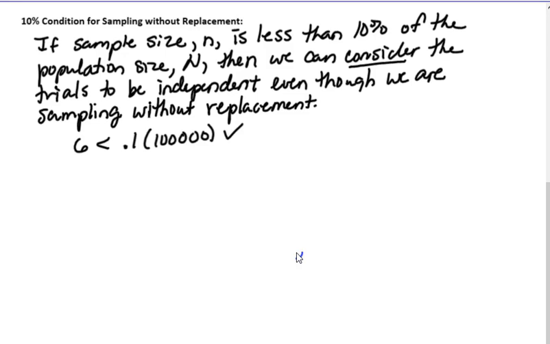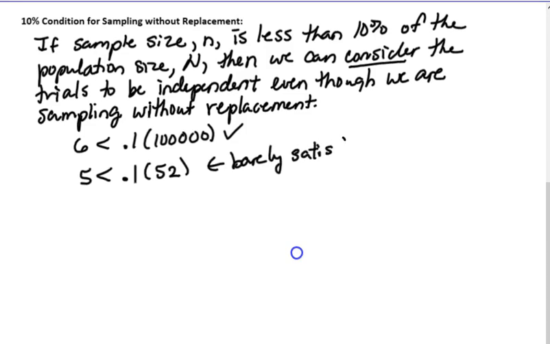So earlier we looked at choosing 5 cards from a deck of 52, and 5 is technically less than 0.1 of 52. So this actually barely satisfies the condition. So we'd have to look and see if those two probabilities were the same. And out of curiosity, I think I will.